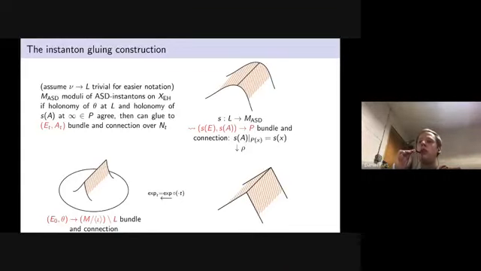If you look at L, there's a non-contractible path around L. If you shrink this path and look at the parallel transport along it, this may have a limit in your gauge group, or it may not. I exactly require that the limit exists and is equal to the limit of S of A at infinity. This is only well defined up to conjugation. If these two holonomies agree, then you can glue them and get some bundle E_t with some connection A_t over the manifold.